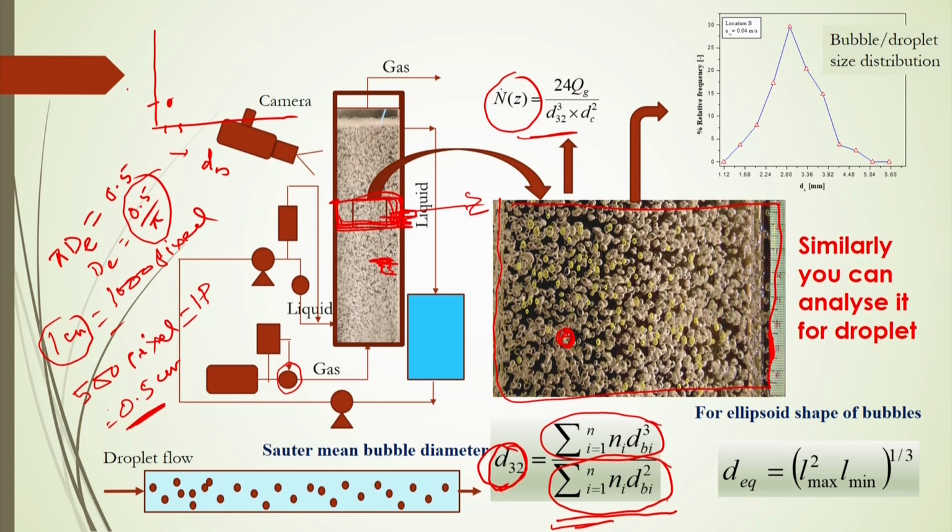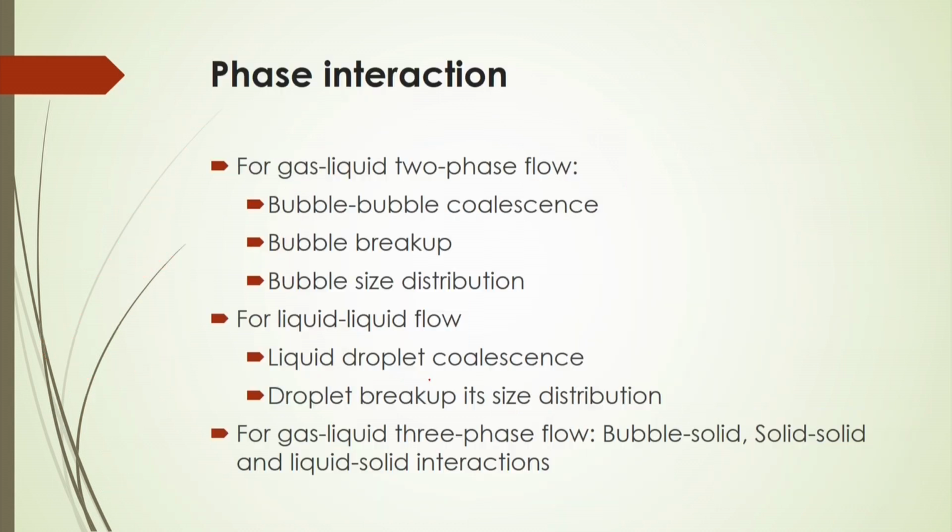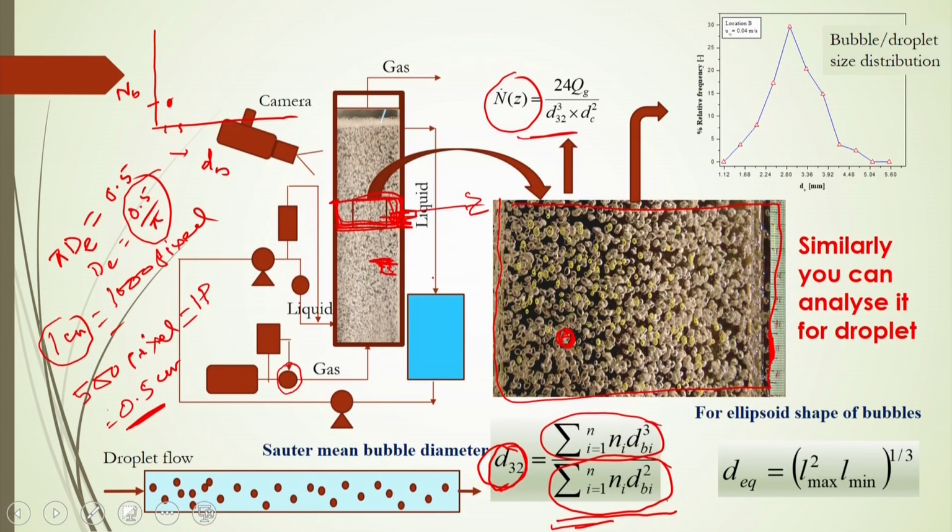On the y axis is the number of bubbles, and in another range you get this number of bubbles, another range this number of bubbles. If you add these up on this axis, we get this type of distribution.